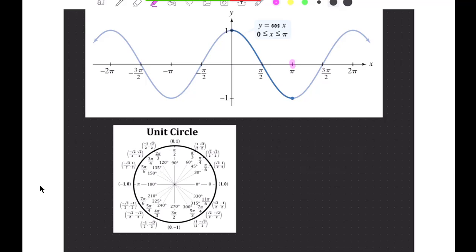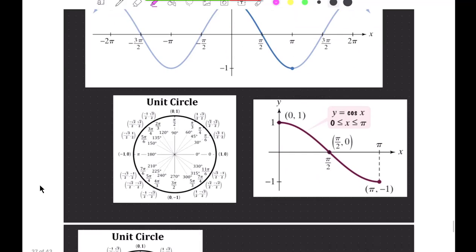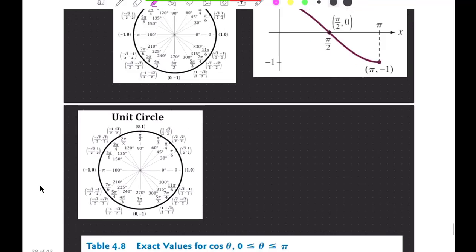So I'm looking at all of my x values from 0 all the way to pi, and I'm getting my positive x values and my negative x values. So I'm just going to look at those top two quadrants, quadrant 1 and quadrant 2. So we're just looking at that little piece.